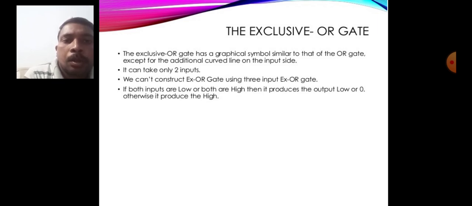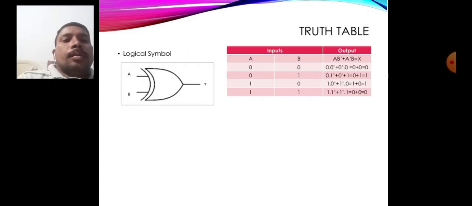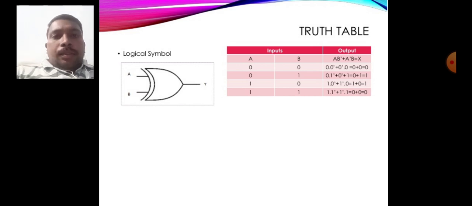If both inputs are low or both are high, it produces an output that is low, that means 0. Otherwise it produces a high output. This is the logic symbol of the XOR gate.